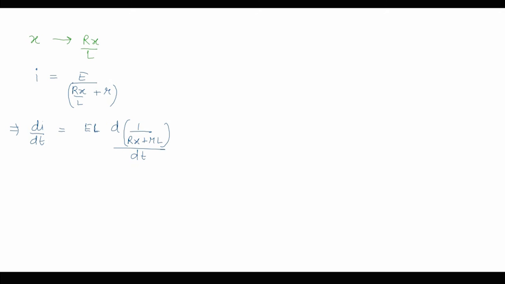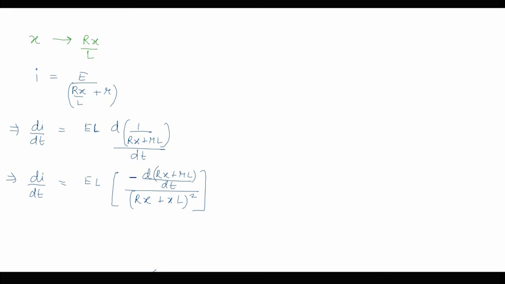Solving, we get di by dt equal to EL, and differentiating gives (Rx plus RL) whole square with a minus sign, times the derivative of Rx plus RL with respect to dt.